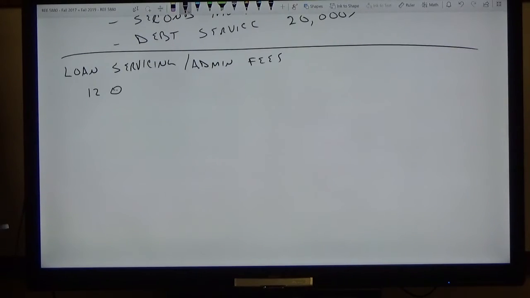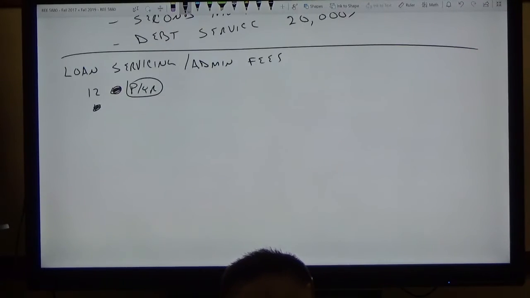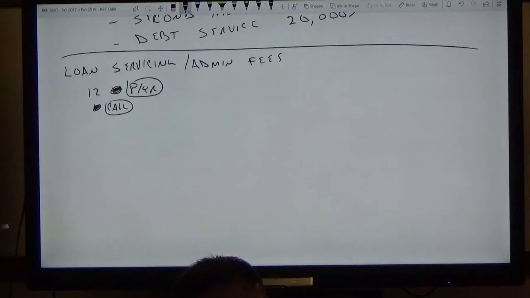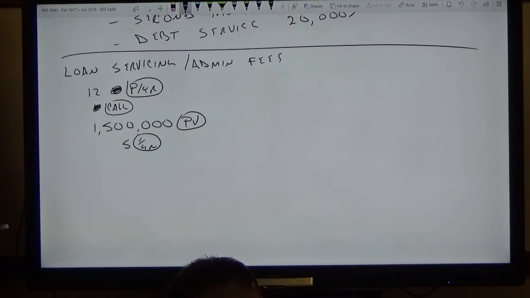Start off with a loan, 12 payments per year. Clear everything out. Okay, give me a loan amount. 1.5 million. Okay, give me an interest rate. 5%. Okay, give me a term.